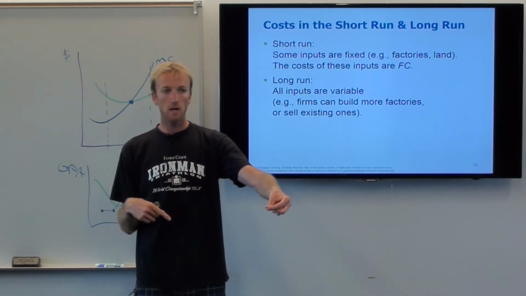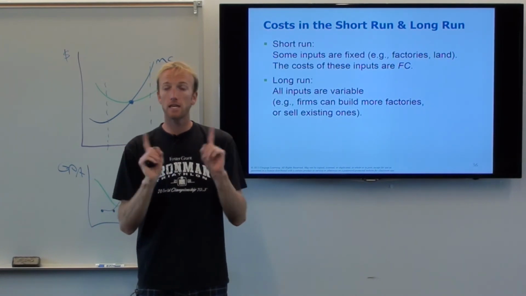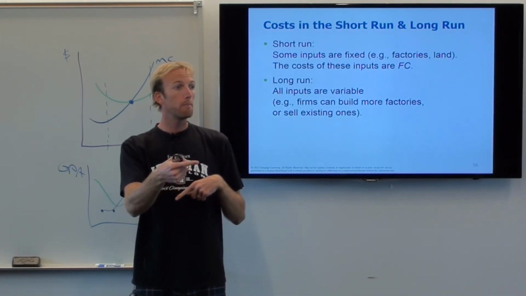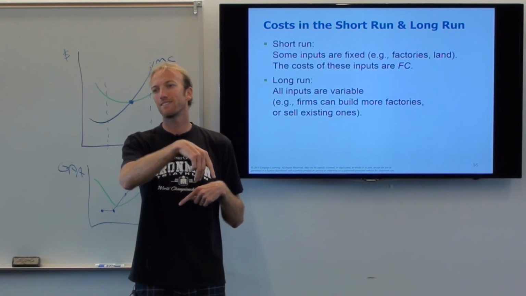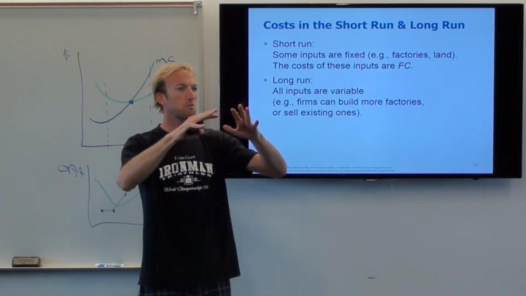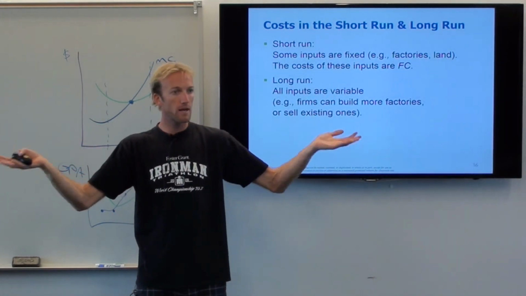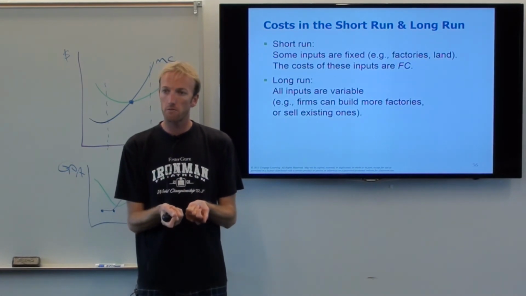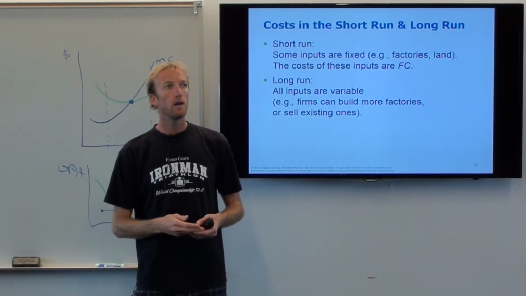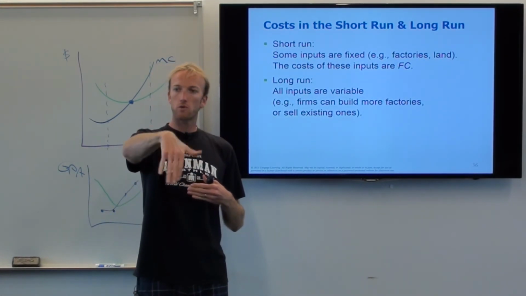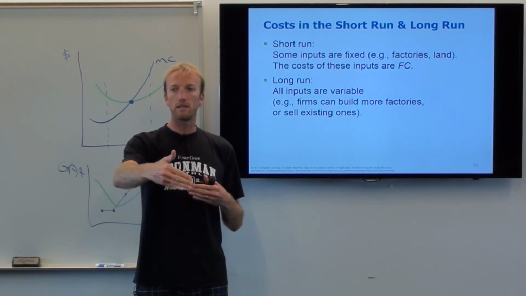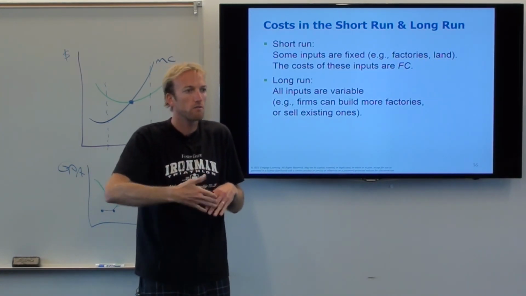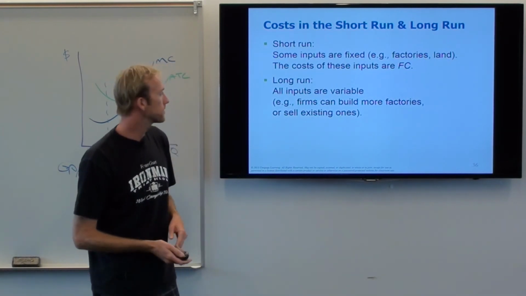I can't change anything for that 1 year, right? But after that year's over, I can decide to not renew my lease, or I could get three or 4 taco shops, right? I could change the number of taco shops I own. So the dividing line between the short and the long run would be like 1 year, however long it takes to change your fixed cost into a variable cost.